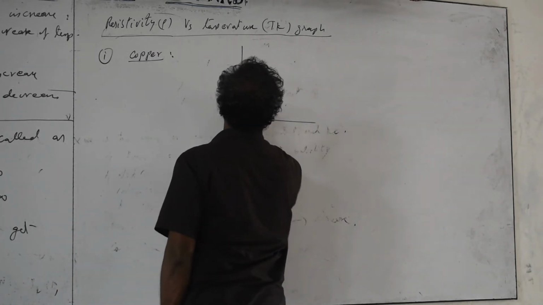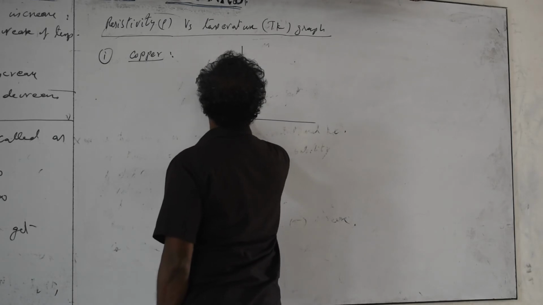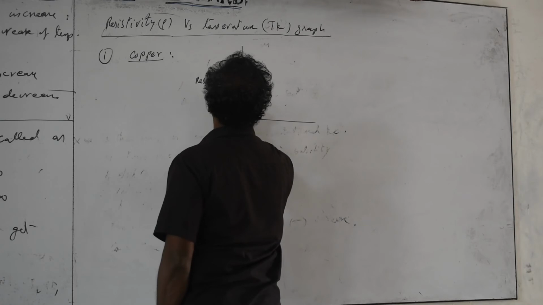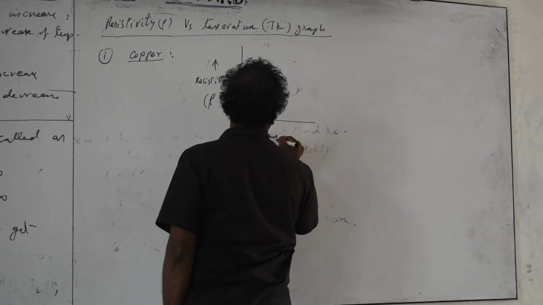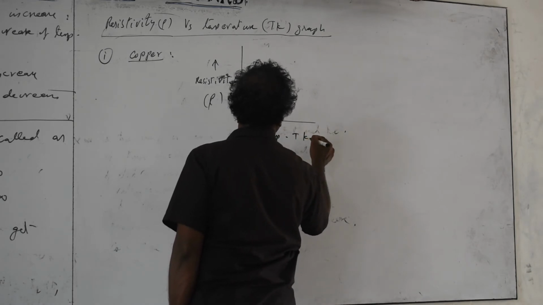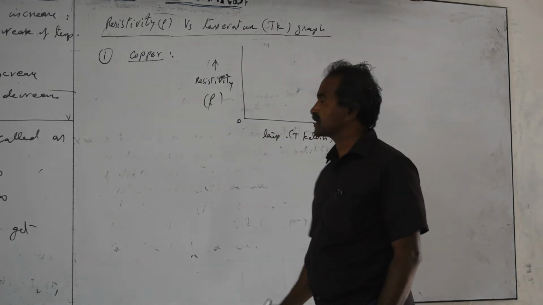Y-axis is resistivity. The Kelvin scale starts from 0, no negative values for the Kelvin scale.